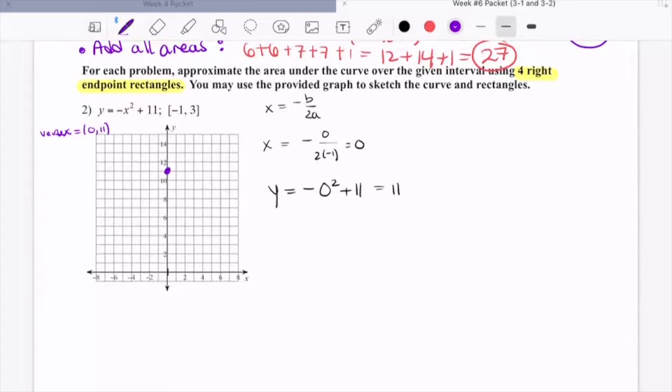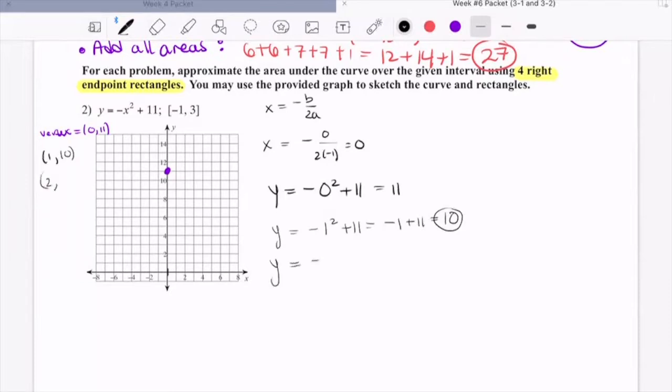And so now we can start getting some more points here. So I could plug in when x is 1. What is the output value? So I could plug in y equals negative 1 squared plus 11. So that becomes negative 1 squared, which is negative 1, plus 11, which is 10. So I know (1, 10) is also a point. We can do this with one more number, maybe input of 2.